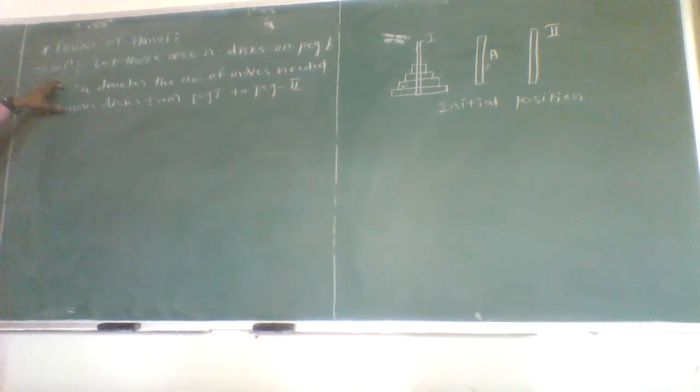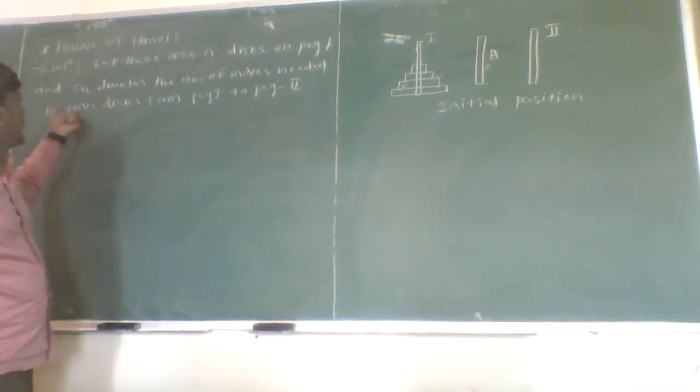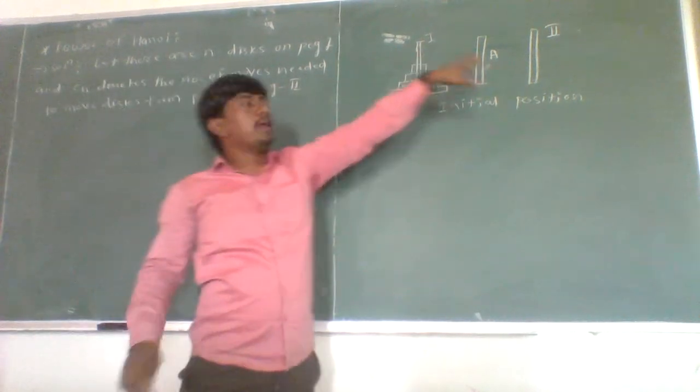So here, suppose there are n discs, and Cn denotes the number of moves which are needed to move the discs from peg 1 to peg 2.